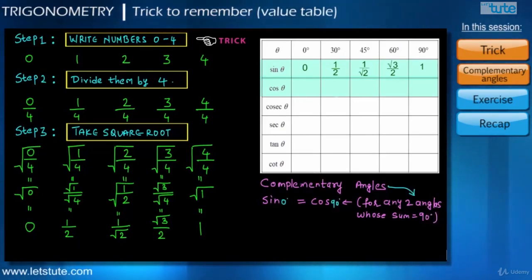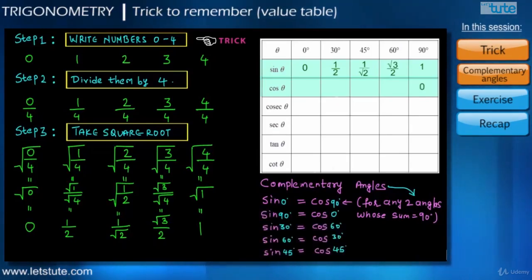So here as 0 and 90 are complementary angles, the value of sine 0 is same as cos 90 and that is equal to 0. And similarly the value of sine 90 and cos 0 is same and that is equal to 1.